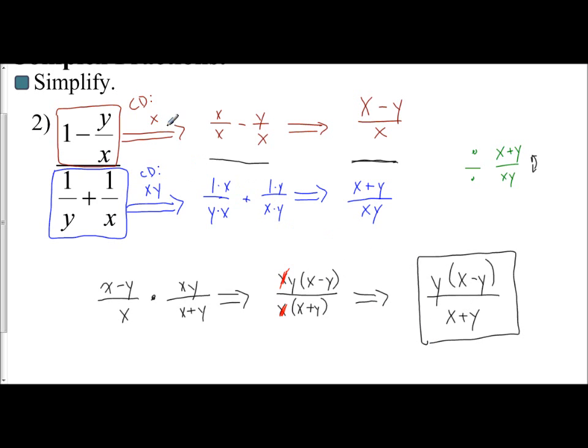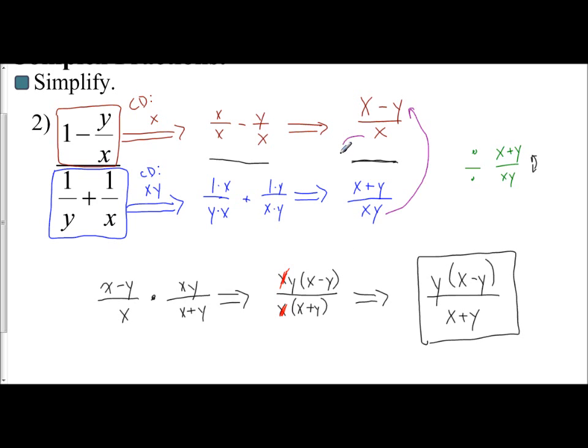Work with them separately, get it down so they have a common denominator. Then realize you're writing division vertically, which is hard to understand, so look at it horizontally and you'll know what to do. Again, if you remember the shortcut, connect the outsides together, you're really taking xy times x minus y.